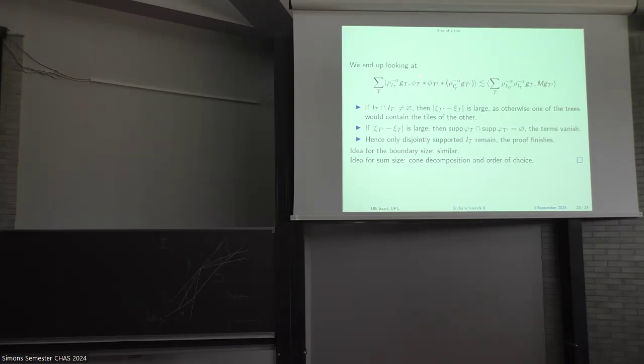Now, when the scales are correct, you can pull part of this decay out. Now, I have written the same alpha, but lose a bit, but not too much. And then you can control this double convolution by the Hardy-Littlewood maximal function. You can do Cauchy-Schwarz here, and then you are left with estimating the L2 norm of this sum.